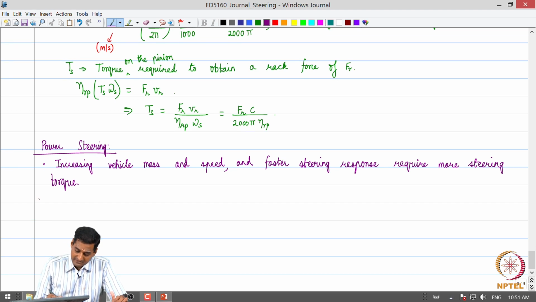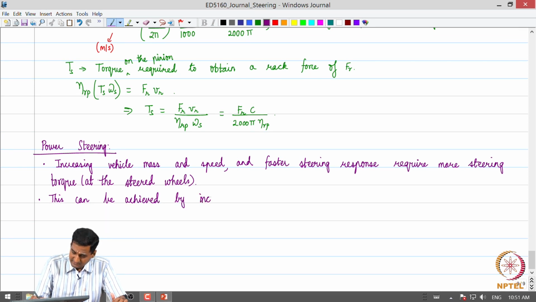So, the steering torque at the steered wheels, as I mentioned, is the output. This can be achieved by increasing the steering ratio.